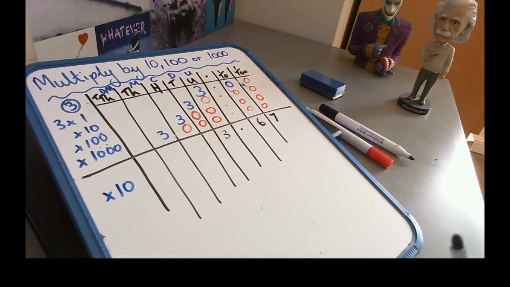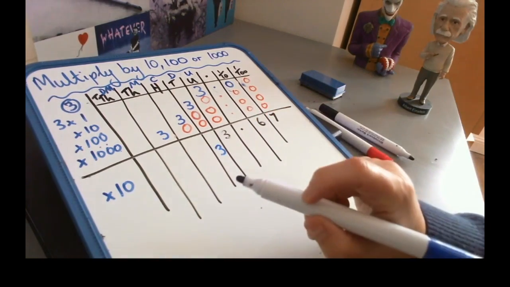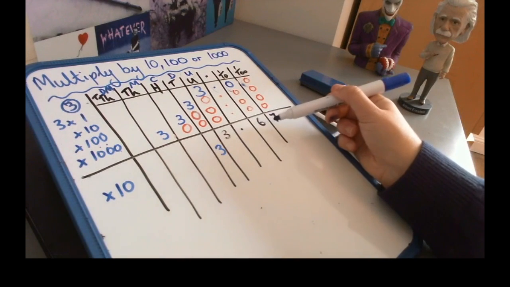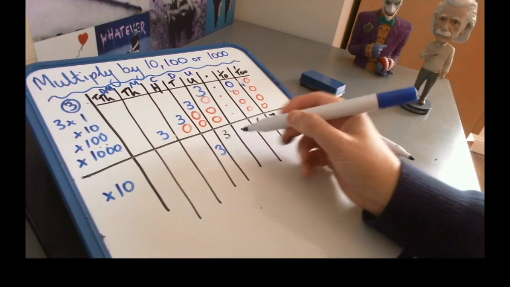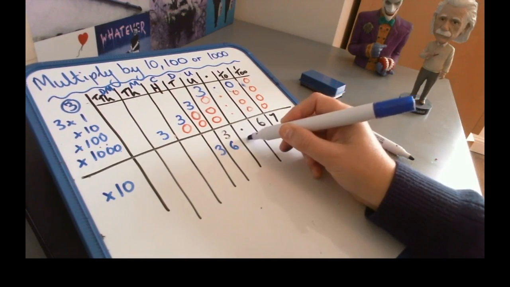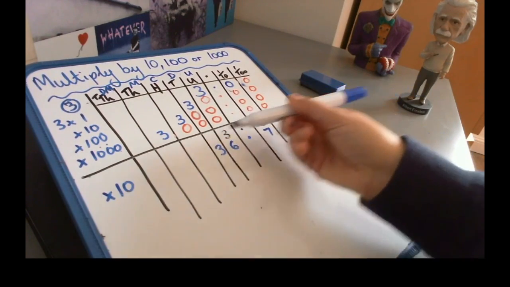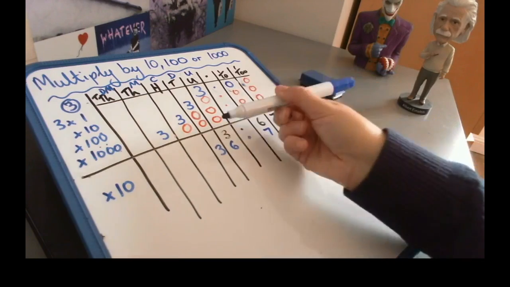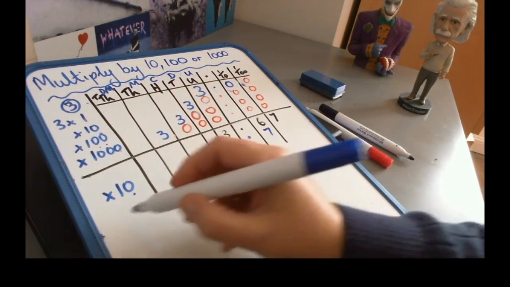So 1 0 there, so we have to move it once, so the 3 goes here, but this time we don't put any zeros in because the 6 and the 7 are attached. It's like a train, moves, so the 6 follows. Now we can't put the 7 there because that's where the decimal place goes, but the 7 goes there, so everything is shifted once, 1 column over, because there's 1 0 there.